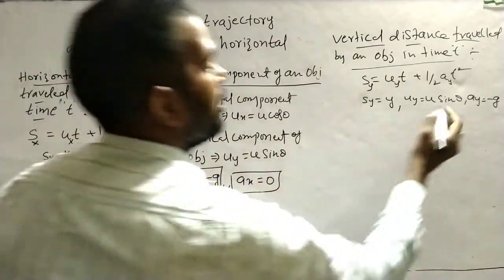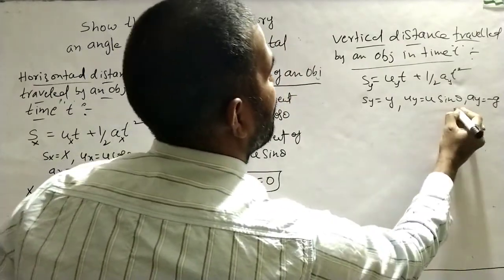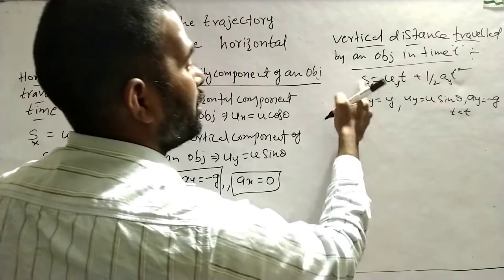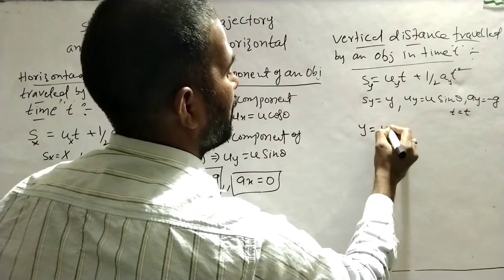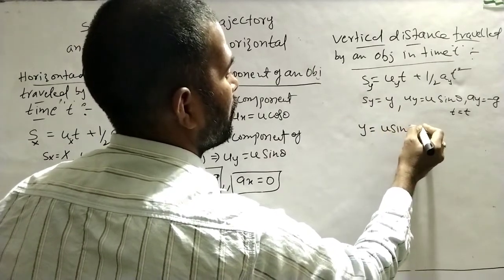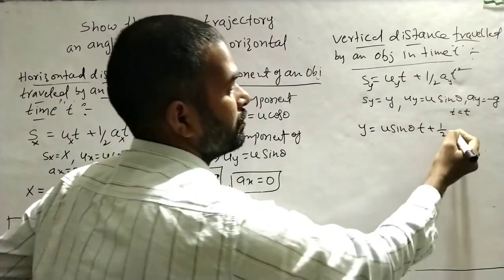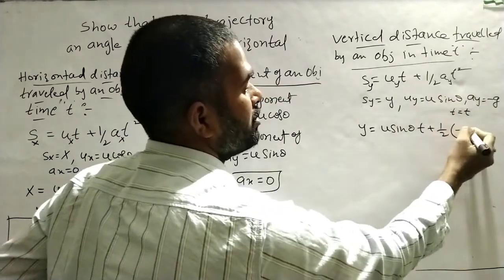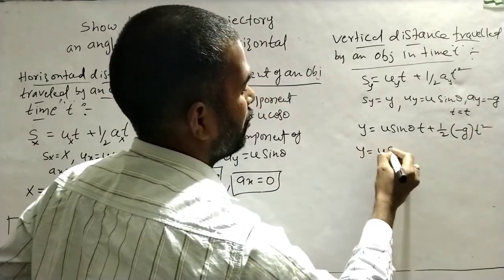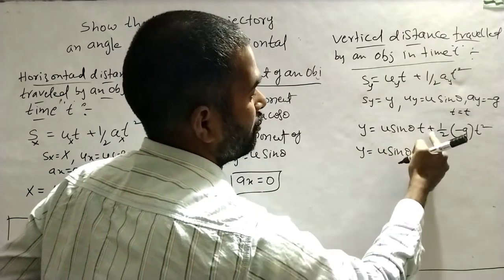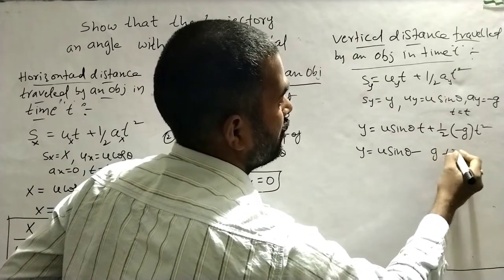t equal to t. So we substitute all these values in the above equation. Sy means y. Y equal to uy, which is u sin theta, t, plus 1 by 2 into ay, which is minus g, t square.